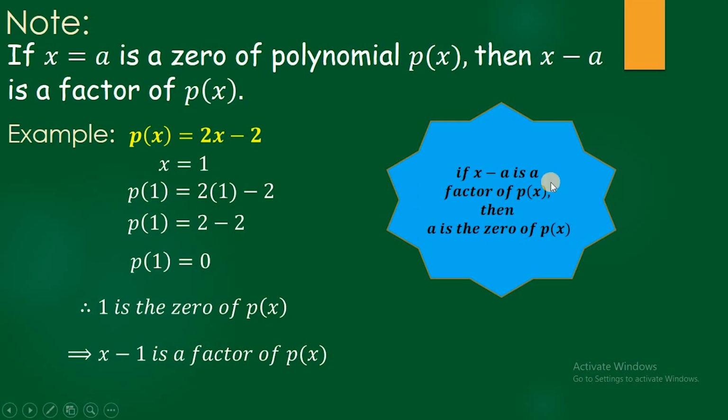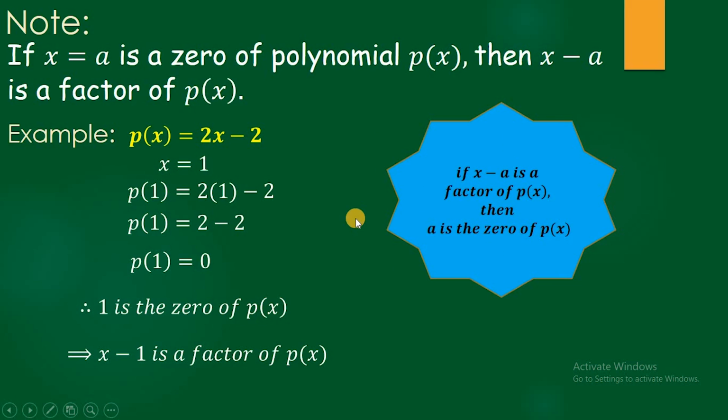Okay, now let's talk about the next part, which is kind of the reverse or inverse of this statement. Here we have said that if x equal to a is a zero, then x minus a is a factor. Now, if x minus a is a factor of p of x, then a is the zero of p of x.